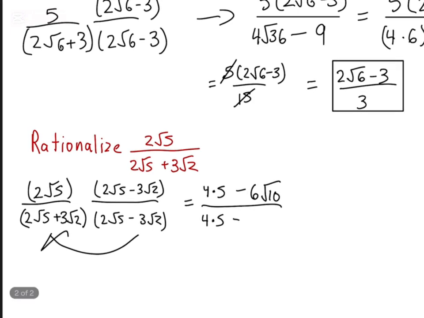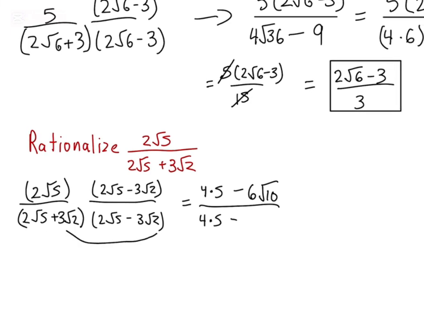So the only thing left will be 3 root 2 times minus 3 root 2. So we have 9, and root 4 is 2, so times 2.